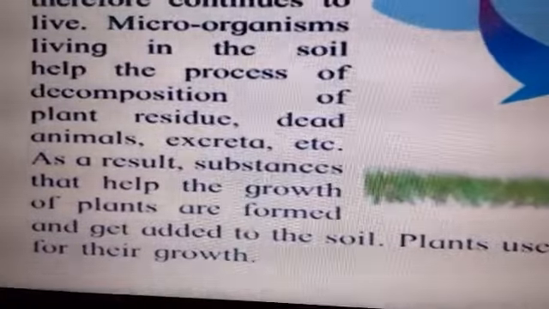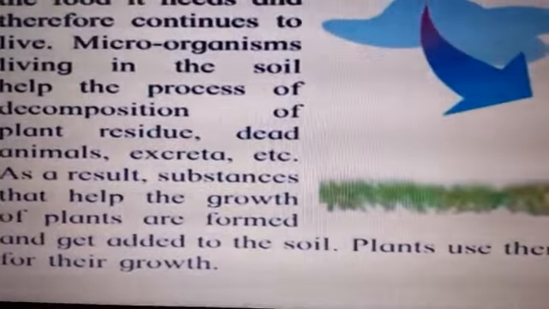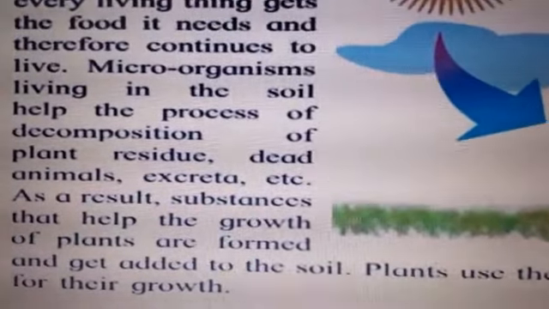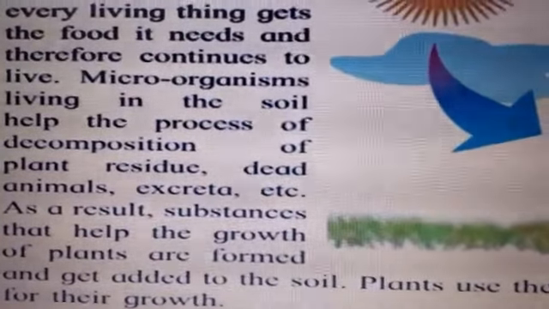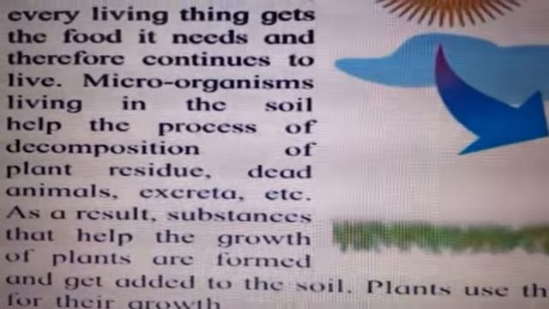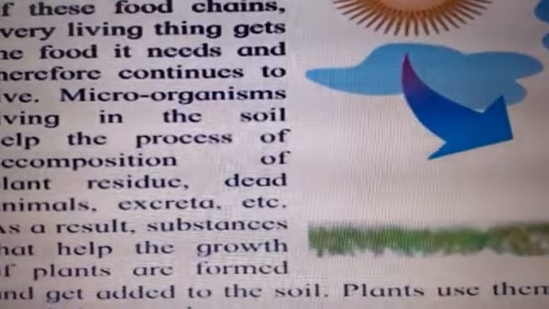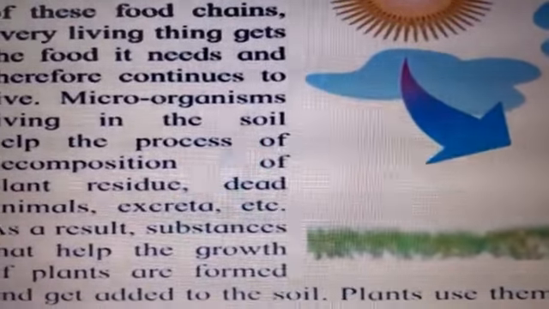As a result, substances that help the growth of plants are formed and get added to the soil. Plants use them for their growth. So what is happening? Substances that help the growth of plants are getting added to the soil again, and plants utilize all these things for their growth.